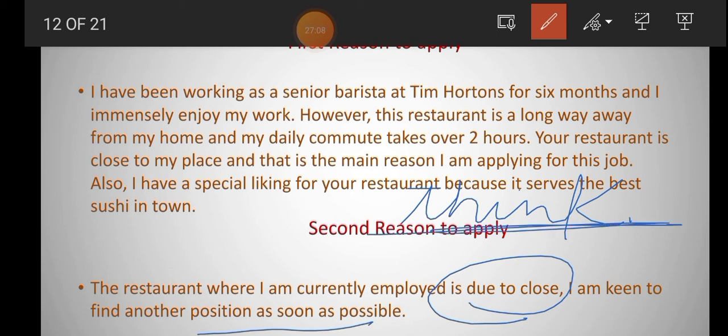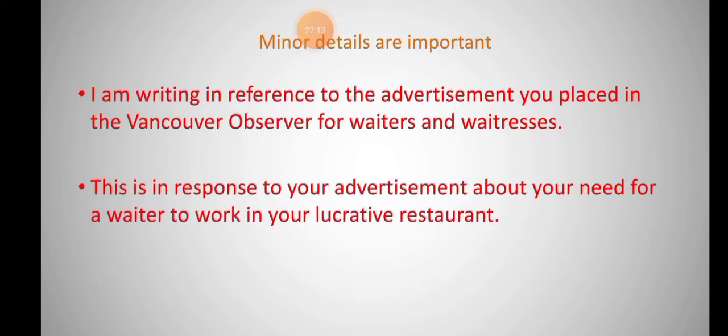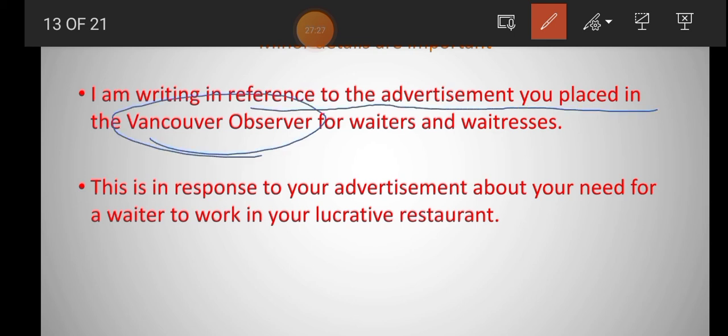All right, so I hope the slide is clear to you. Next, minor details are also important. Minor details means, let's read the first sentence. I am writing in reference to the advertisement you placed in the Vancouver Observer. Now, in this, many candidates just write, I am writing this letter regarding what you placed in a newspaper or article for a waiter or waitress.